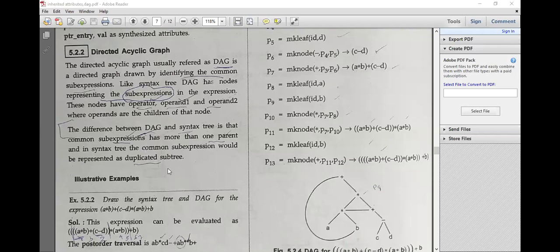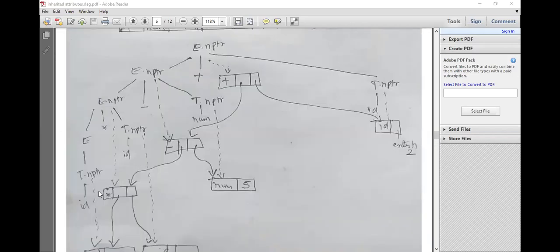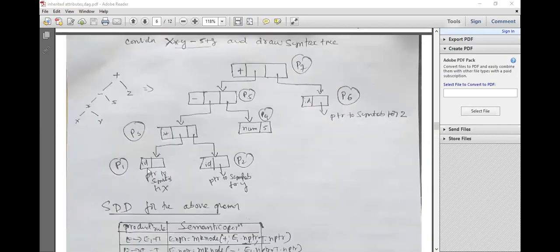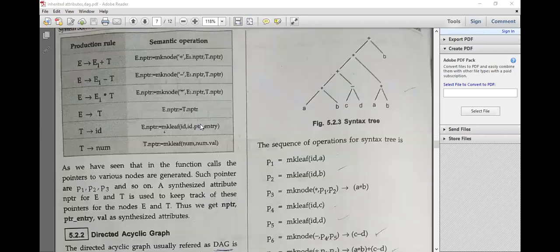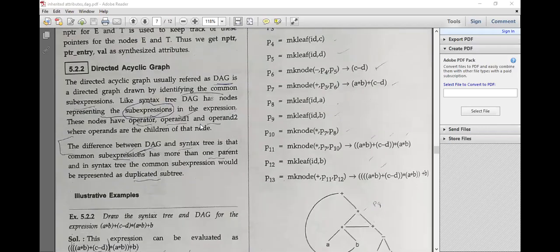And in a syntax tree, the common sub-expressions will be represented as duplicated subtrees. See here, in this example, duplicated subtrees will be there. Here also, first we have a star with left and right, again minus. So many duplicated trees are available. Therefore, in the syntax tree, the common sub-expressions would be represented in the form of duplicated subtrees.